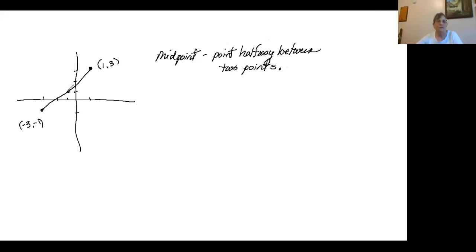Now, one of the interesting things is that you can determine the x value completely separately from determining the y value.